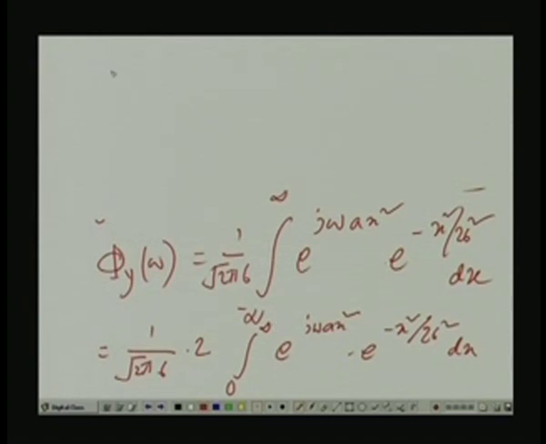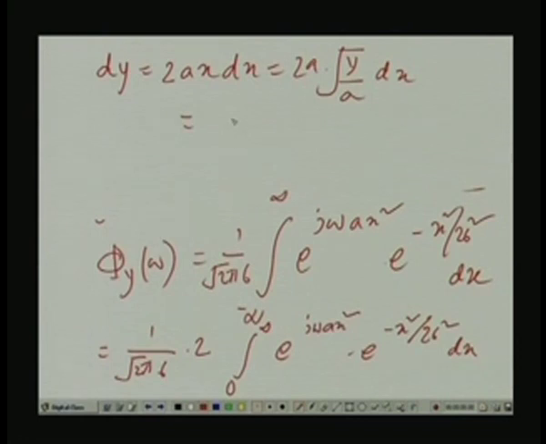Okay, and there you have got dy, which is twice a x, dx, which is twice a, y equal to x square. So, x equal to square root of y by a, okay, dx, which means twice this.